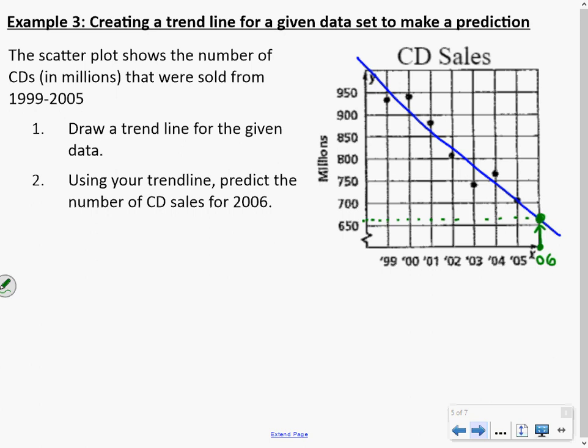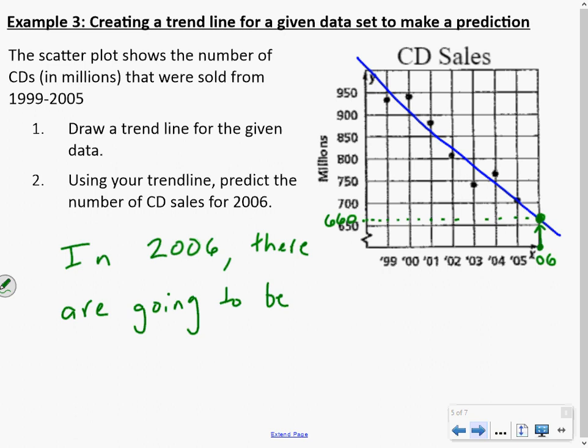Again, we're making an estimation here, but to me, this looks like it's probably about 660. So we can make a prediction. We can say in 2006, there are going to be 660, remember this is in millions, 660 million CD sales.